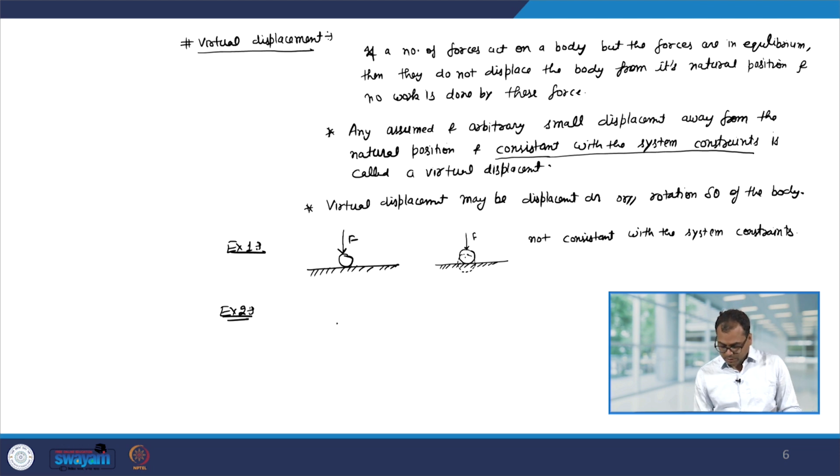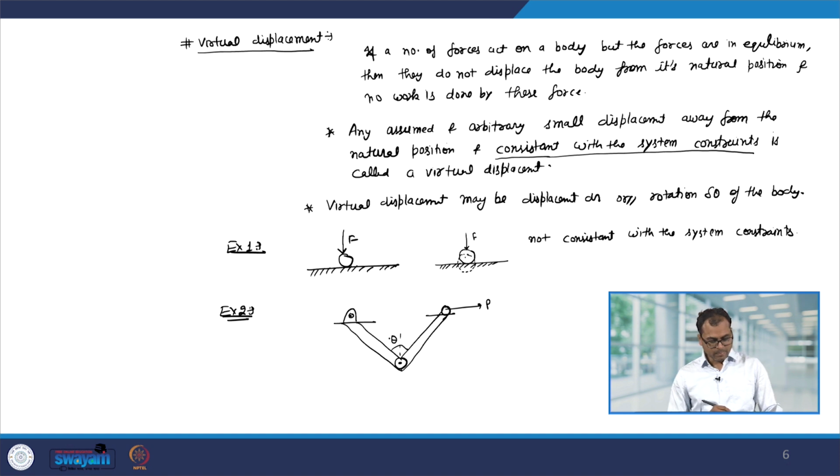Let us say you have the following assembly. So, you have a pin joint, so let us say I have two bars which are hinged at this point, and it is supported by a pin joint and a roller support.